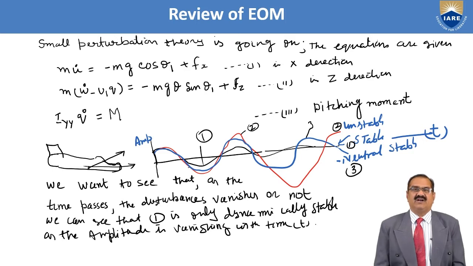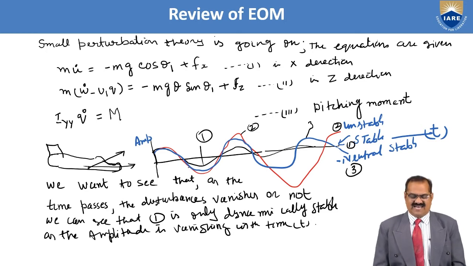And third is Iyy q dot is equal to M, where capital M is a moment and Iyy is the moment of inertia with respect to the y axis. q dot is the pitch rate, u dot is the velocity rate in x direction, and w dot is the velocity rate, meaning acceleration. These u dot and w dot are the accelerations. The other parameters are known.